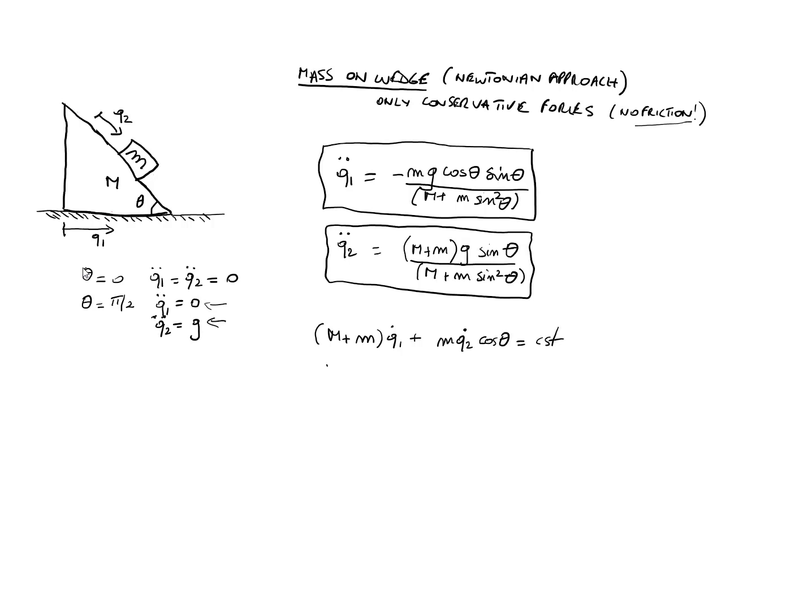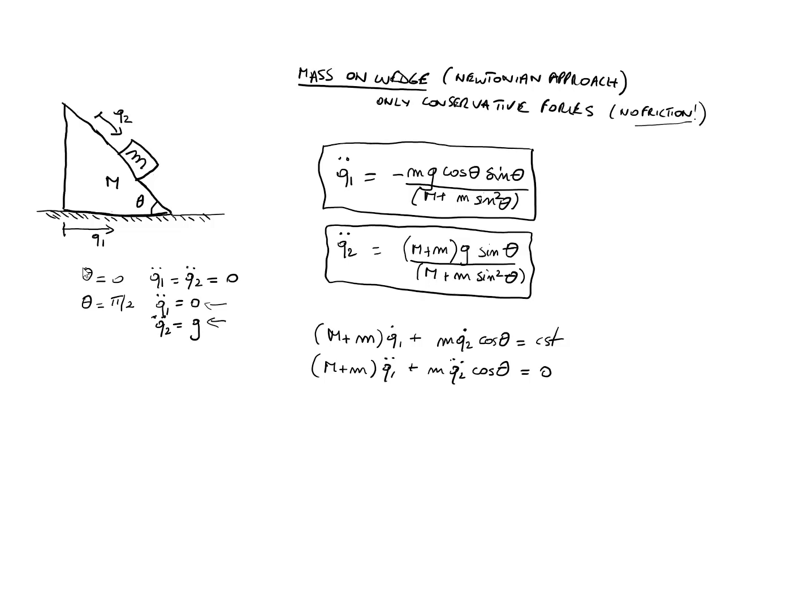This also means that if I take the derivative, M plus m q1 double dot plus m q2 double dot cosine theta is equal to 0.